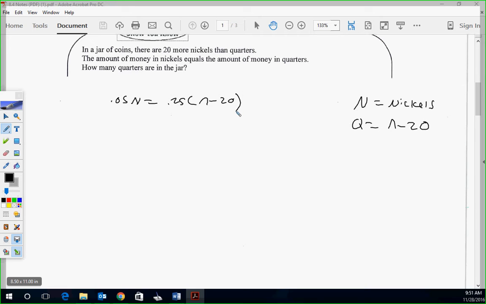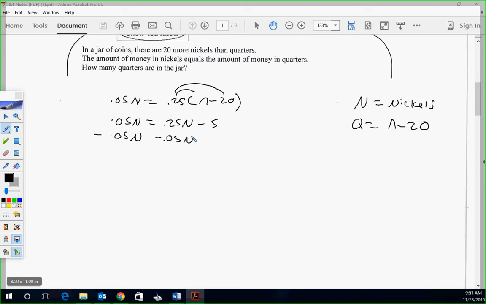Then we distribute. Minus 5: 25 cents times 20 is $5. Again, I'm going to move my n's together and move the smallest one. Yeah, you're fine. You got a negative 20? You can.